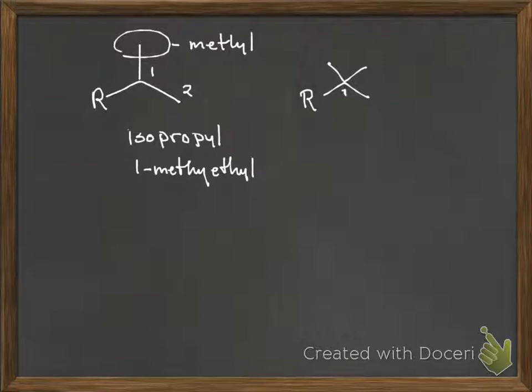And then any other way I go is 2. So I'll follow the pattern that I'm used to following. I'll call the one directly to the right of it number 2. So what groups do I have on the number 1 carbon? Dimethyl. So an alternate name for tert-butyl is 1,1-dimethylethyl.